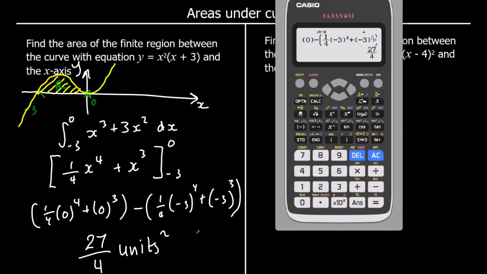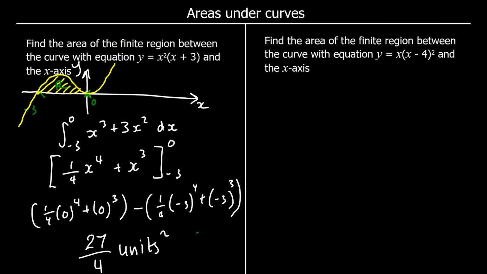And we can check on the calculator. So it was x cubed plus 3x squared between negative 3 and 0. I missed out the cubed, which is why the answer was different. Cubed, so 27 over 4 units squared.